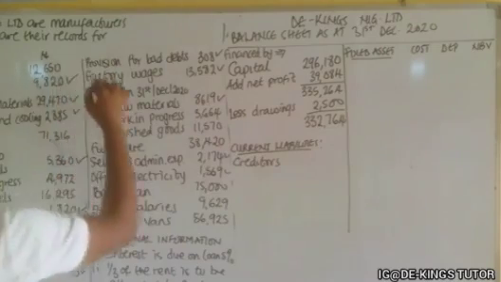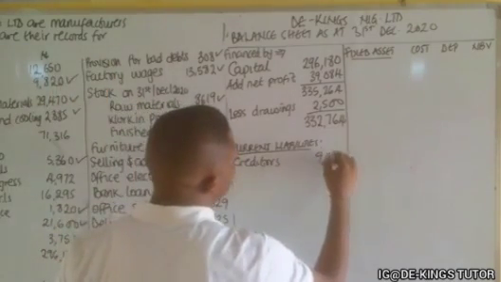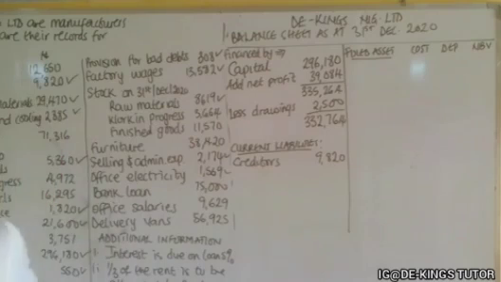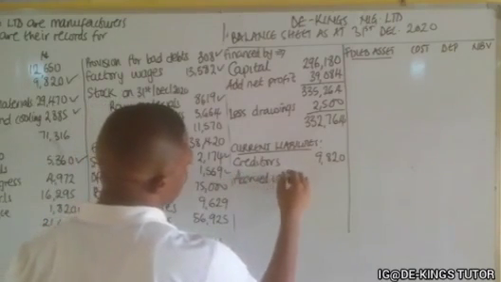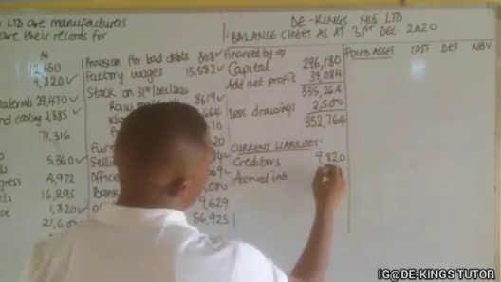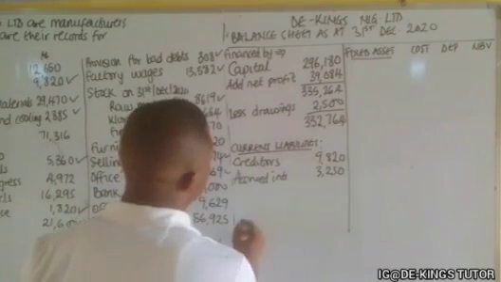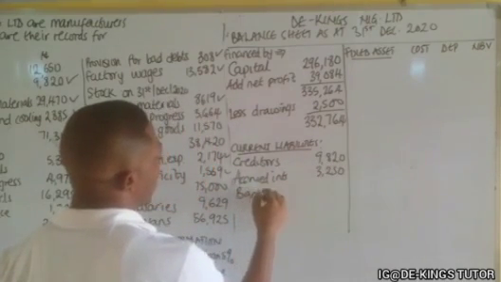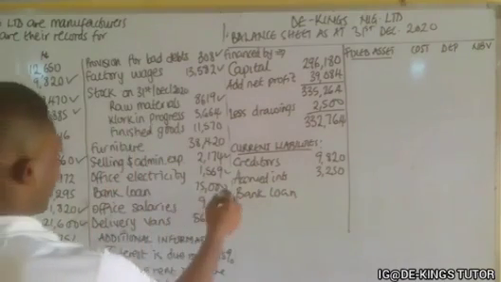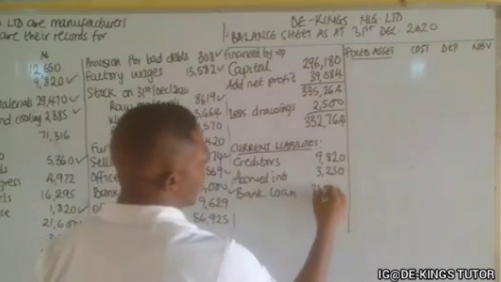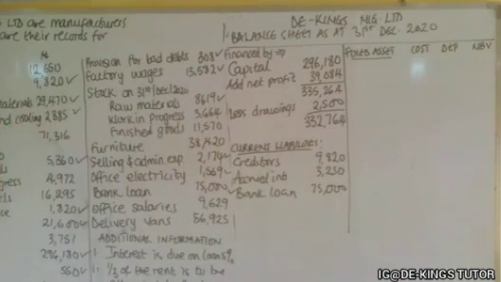Okay, there is sundry creditor as 9820. Now we have accrued interest. That's accrued expenses. Interest on loan that was accrued. That's 3,250. We also have bank loan. Look at it, it's 5,000. Okay. So those are the items that will come there.